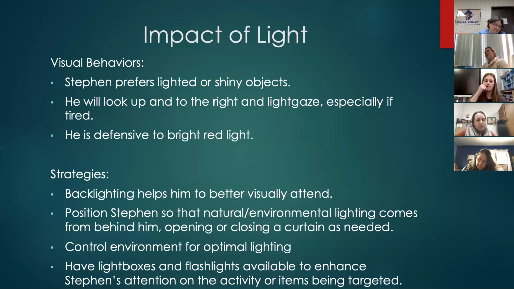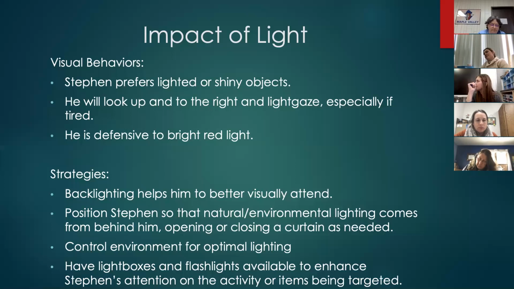Stephen prefers lighted or shiny objects, and he will look up and to the right and light gaze, especially if he's tired. Do you know what light gazing is? Have you ever seen a kid do that, where they just stare at a light? That's pretty rudimentary, pretty basic. Babies will do that. Babies just love to stare at lights.